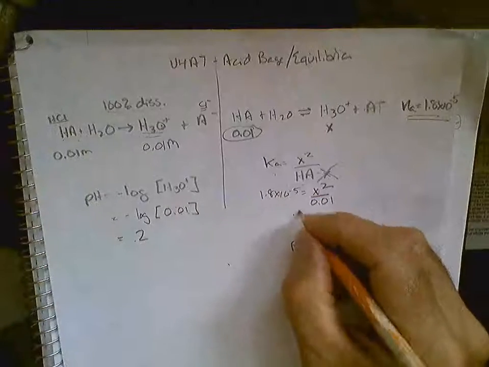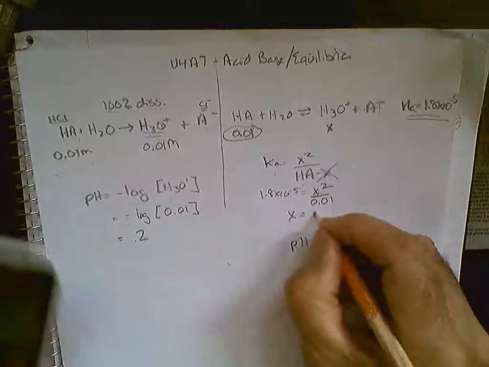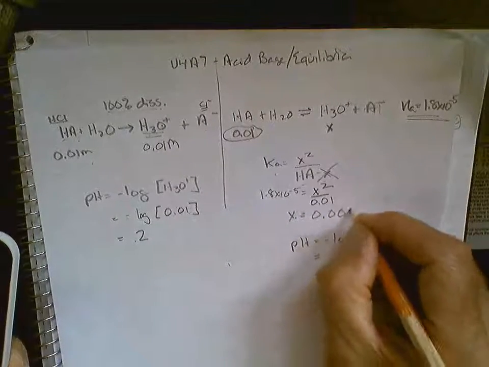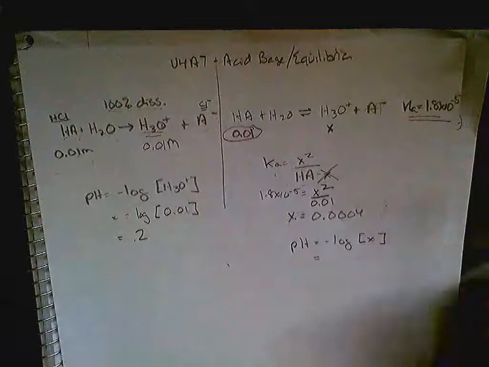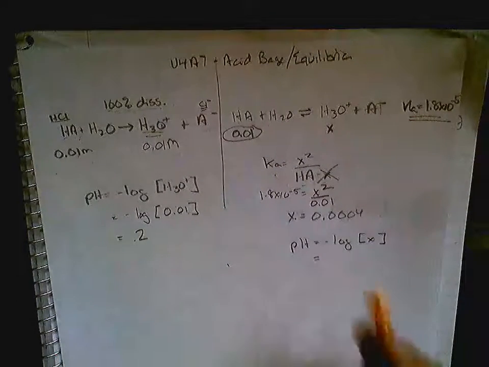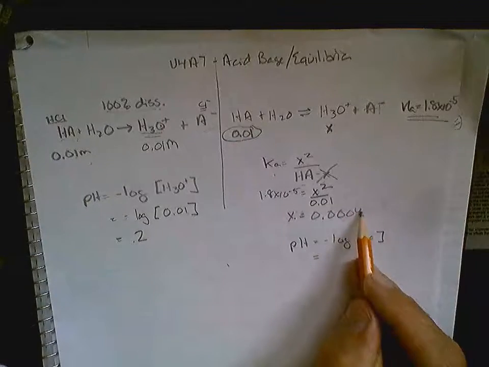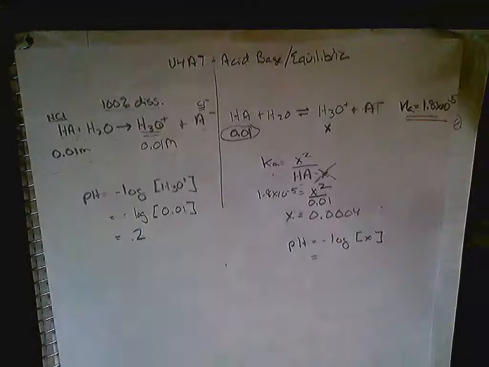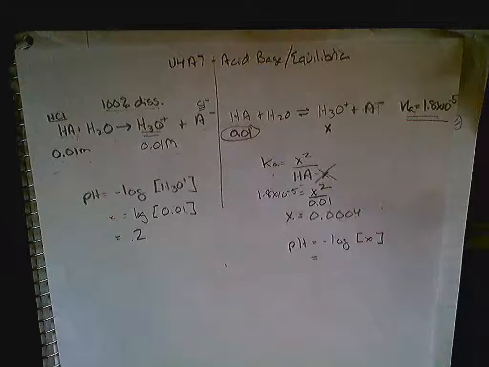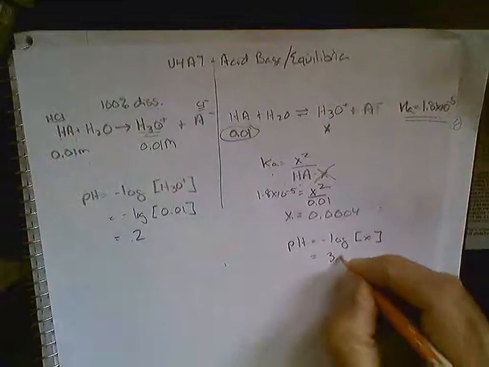I have an X value of 0.0004, I believe. If I take the log of 0.0004, it's going to be close to 4, because this number here is the 1, 2, 3, 4th decimal place back. And I've got 3.4.